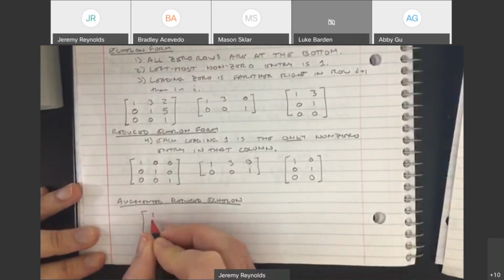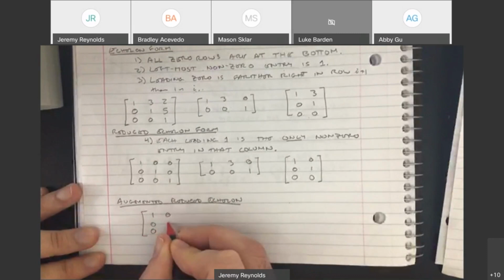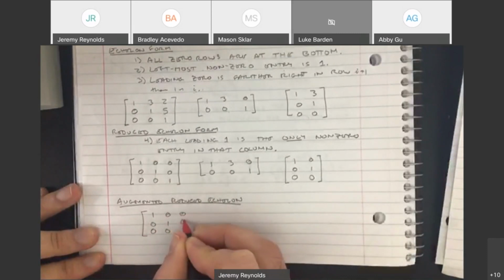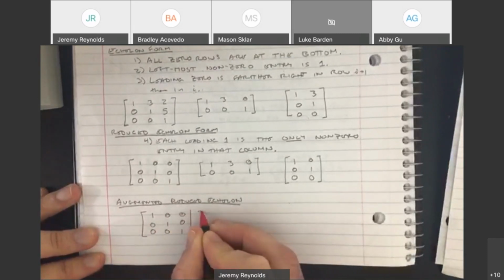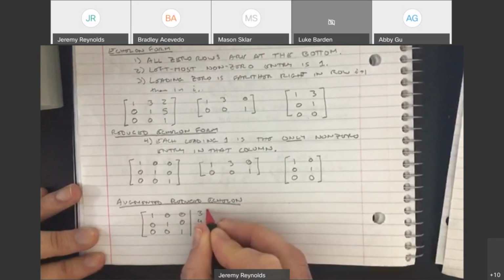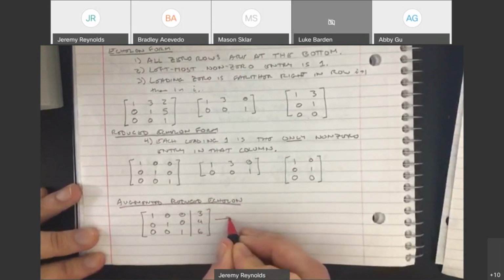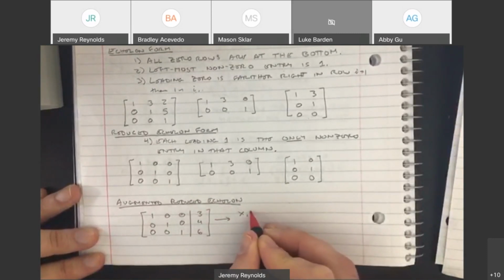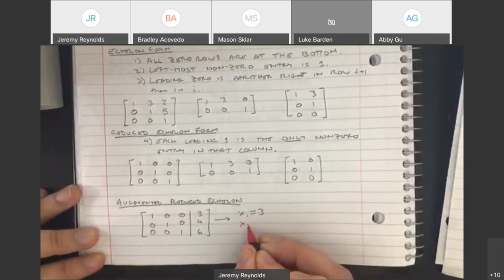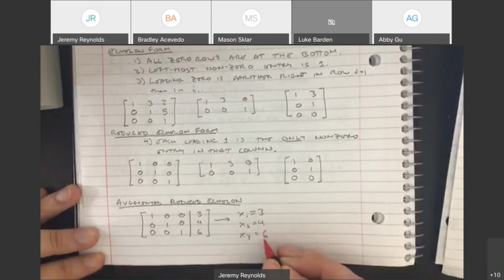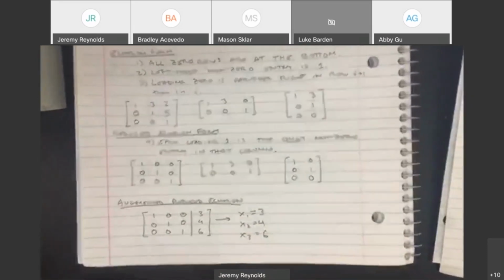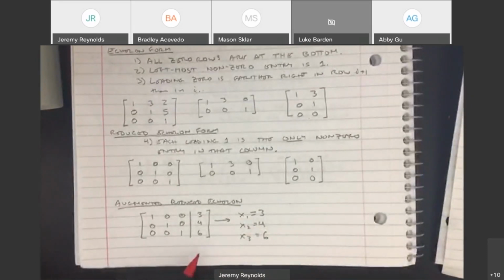So let's say we have 1, 0, 0, 0, 1, 0, 0, 0, 1, 3, 4, 6. What this means is that x1 equals 3, x2 equals 4, and x3 equals 6. So if we can get the matrix into reduced echelon form, then we have the solution, and we're good to go. We have everything done.